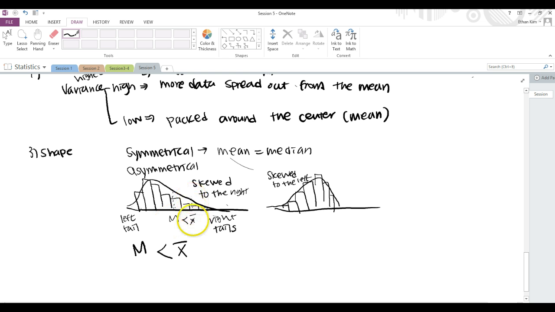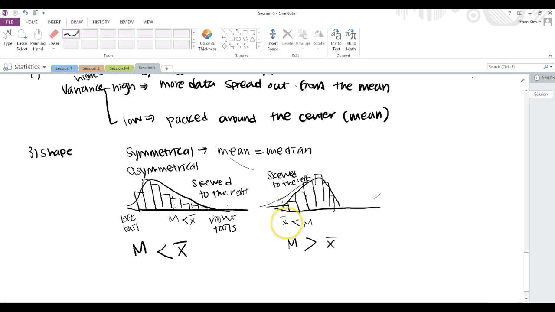It's not resistant to outliers, or to any data further out. So it follows the tail here. And same thing here, if we were to compare these two, x bar will be smaller. X bar follows the tail, the longer side. So if x bar is here, the median will be something like here.